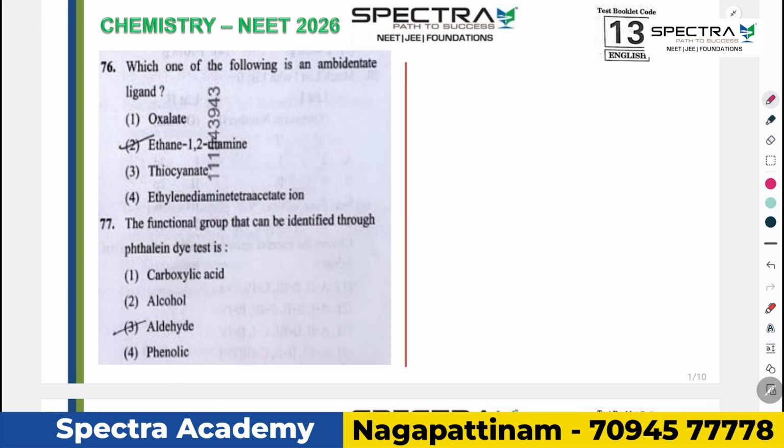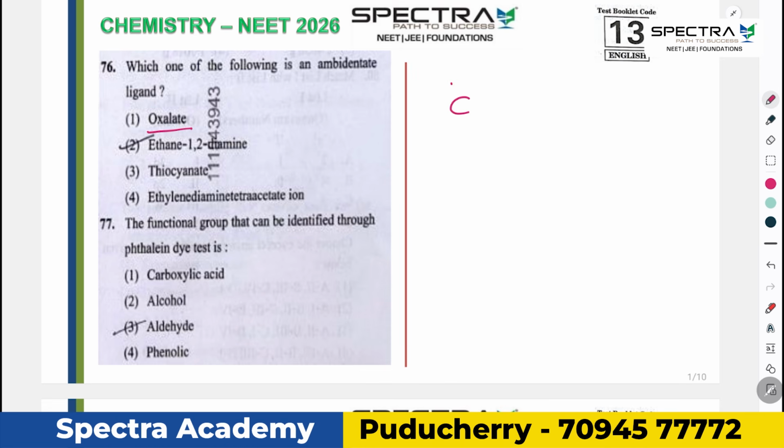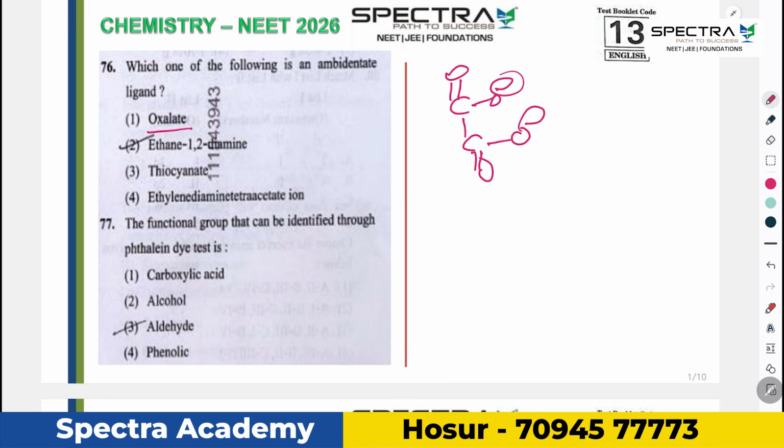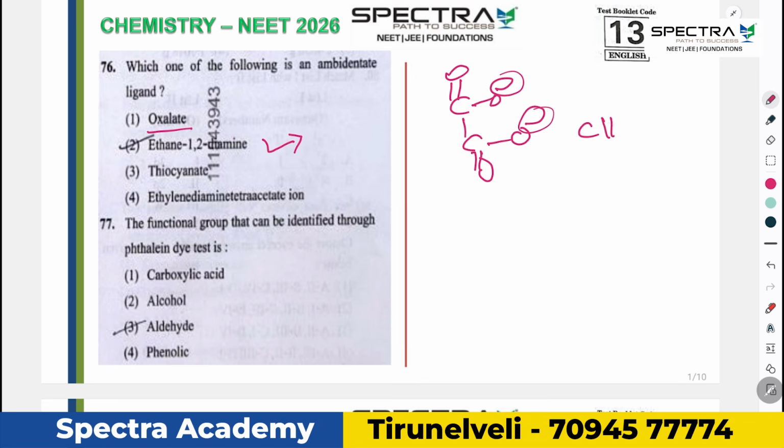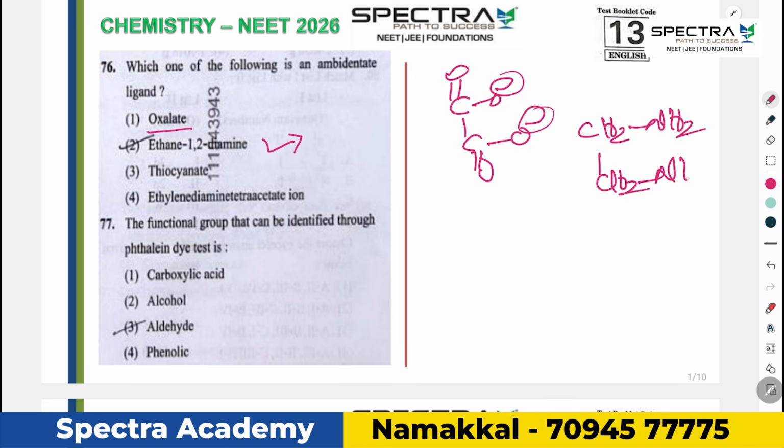Question number 76. Which one of the following is an ambidentate ligand? You can see oxalate. It is a bidentate ligand. C double bond O minus, C double bond O minus. Ethane diamine, CH2 NH2, CH2 NH2, is also a bidentate ligand.